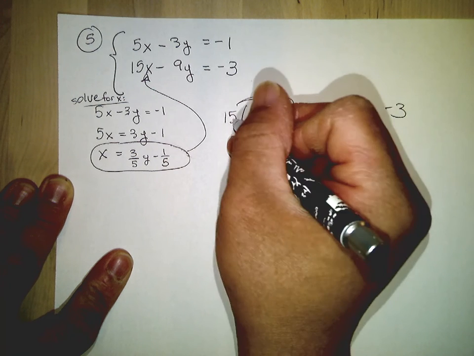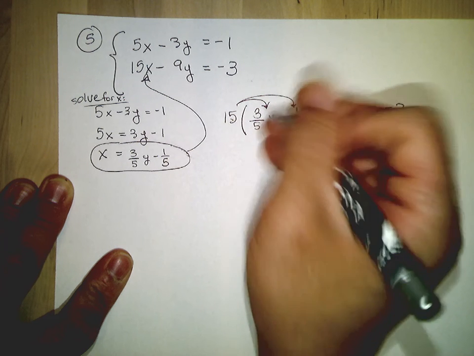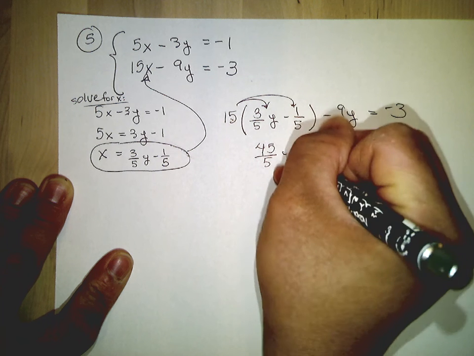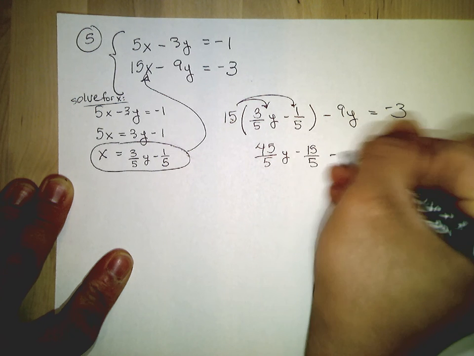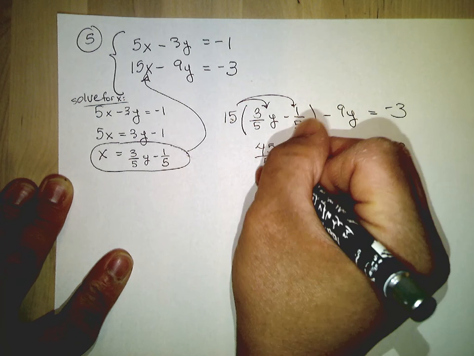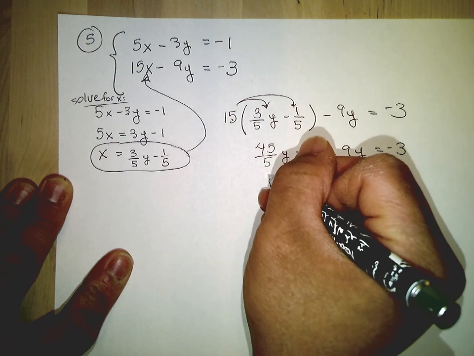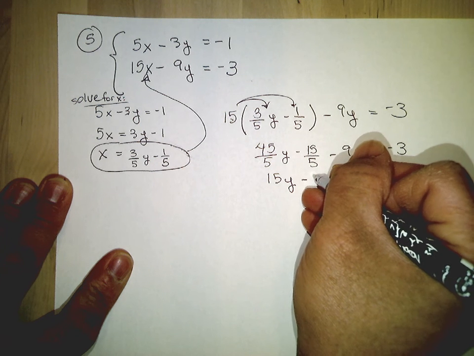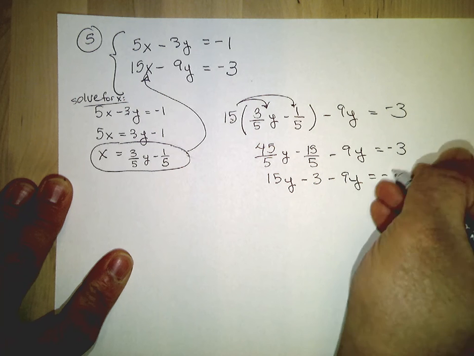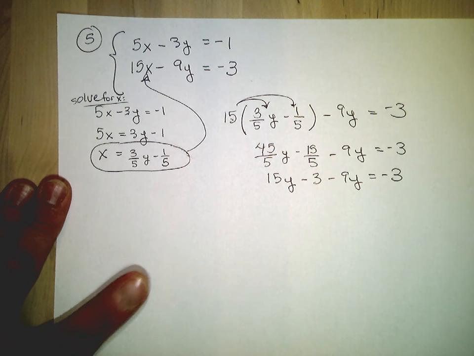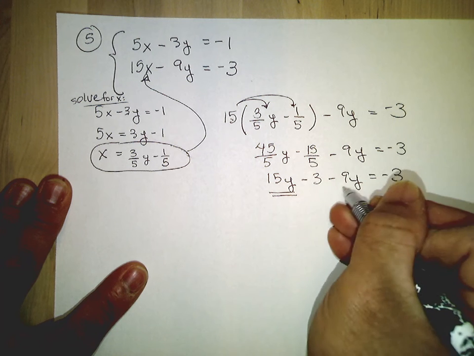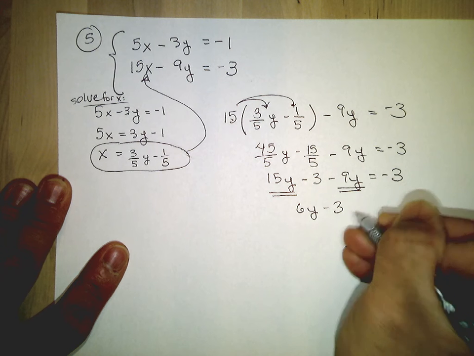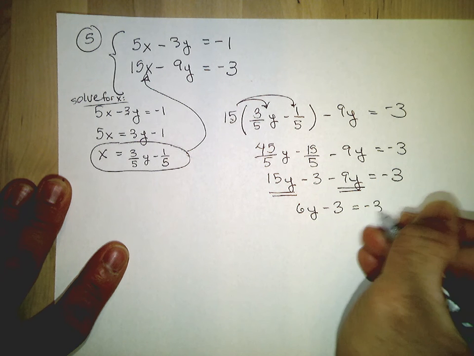So I have 15 times 3 over 5, 15 times 3, 45 over 5 y minus 15 over 5 minus 9y is negative 3. 45 over 5 is actually 15, so 15y, 15 over 5 is 3 minus 9y is negative 3. So the fractions actually are gone anyway. And combine like terms, 15y minus 9y is 6y minus 3 is negative 3.